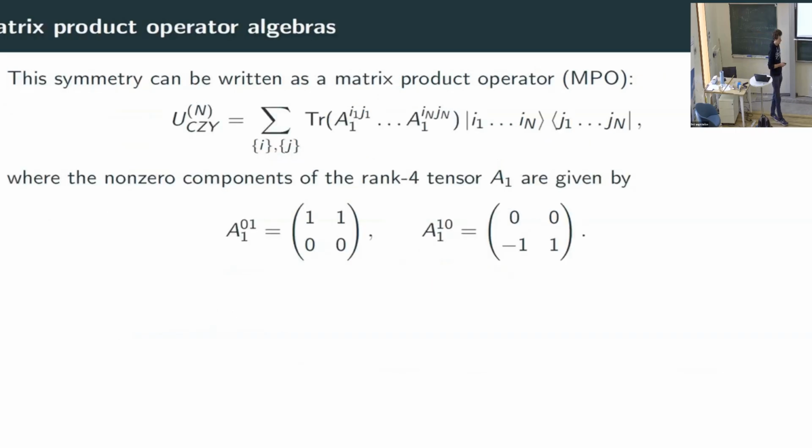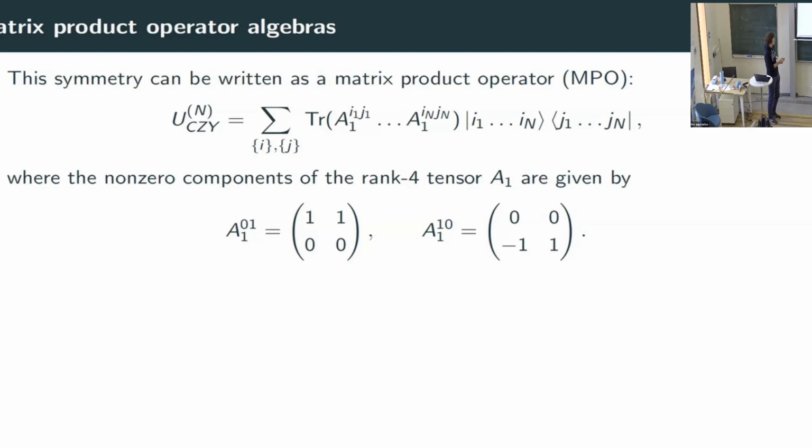So to do that, I will be recasting the symmetry in a slightly different form, namely as a matrix product operator. So what is a matrix product operator? This is its definition. If you've never seen this before, it might look maybe a bit complicated, but it's really not very tricky. So basically what you do is you have your operator and you choose a basis for the operator.